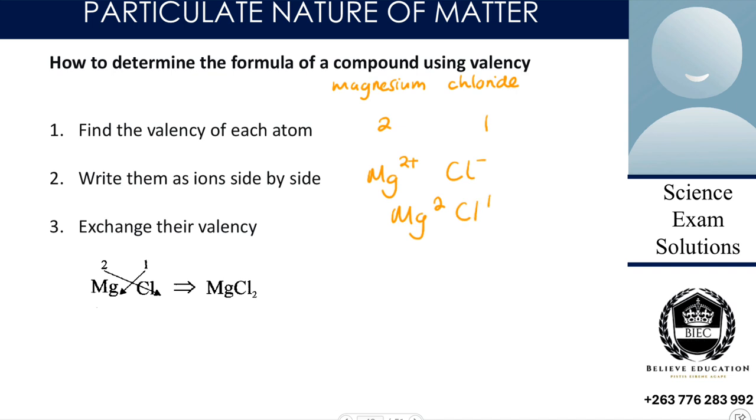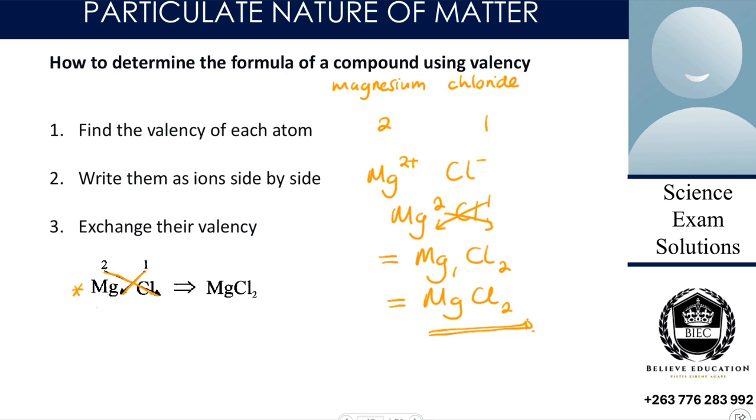Then we cross them: the 2 goes over here, the 1 goes over there, then therefore we have Mg 1, then Cl 2, then at the end of the day we write it as Mg Cl 2. So this is how we determine the formula of the compound.